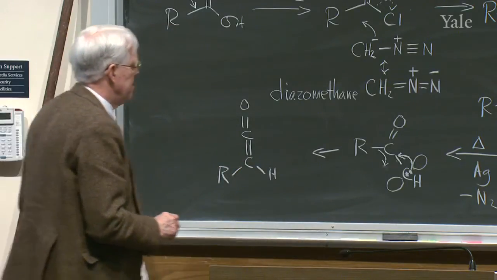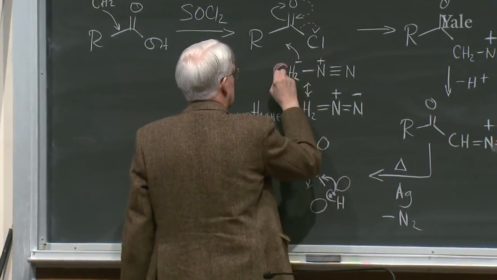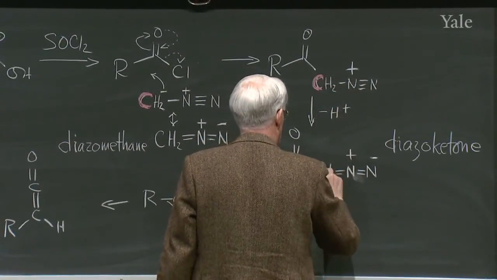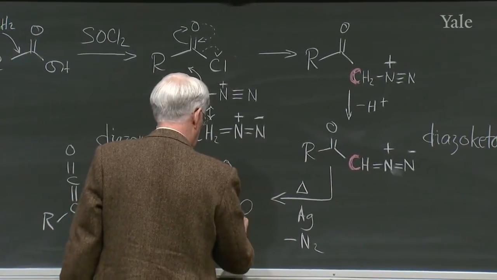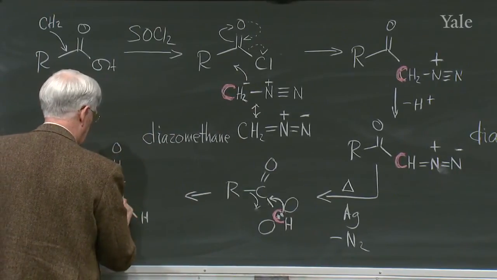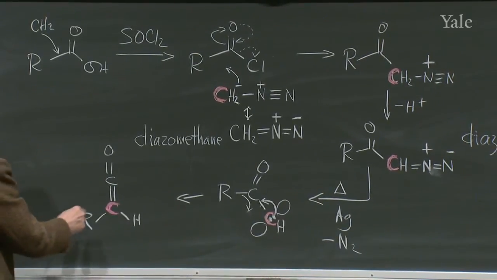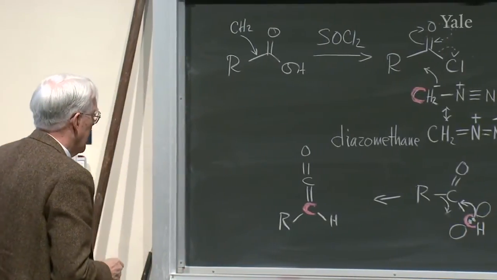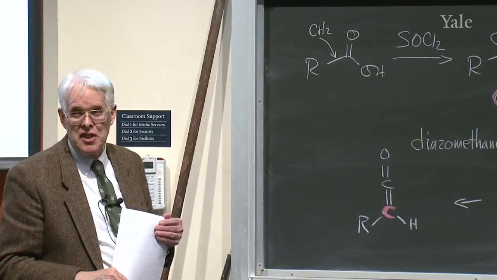And notice that this, if we trace through this carbon here, became this carbon, became this carbon, became this carbon, and it's now this carbon. So we inserted that carbon between the carbonyl carbon and the R group. Okay? Now, we've seen this kind of compound before. It's an acid derivative. It's a ketene.